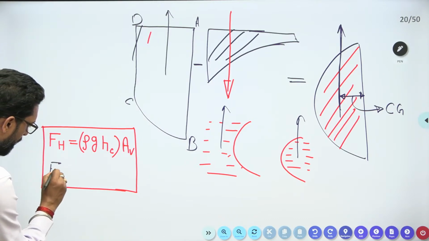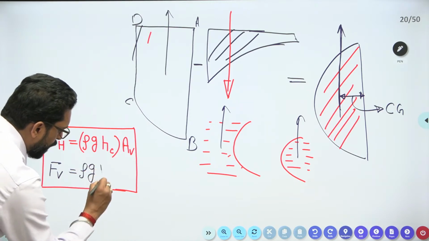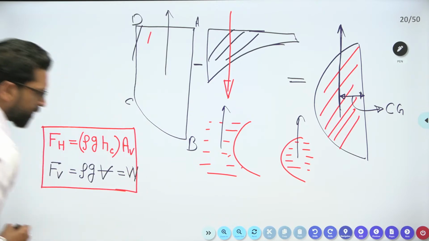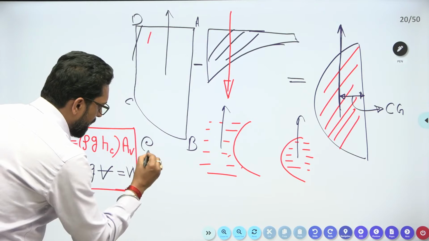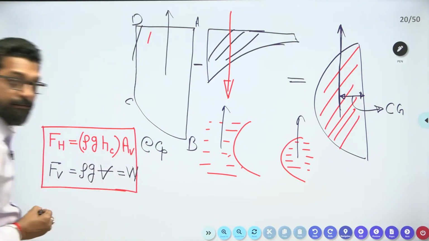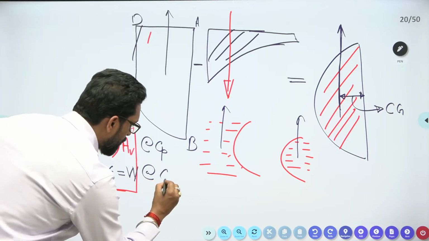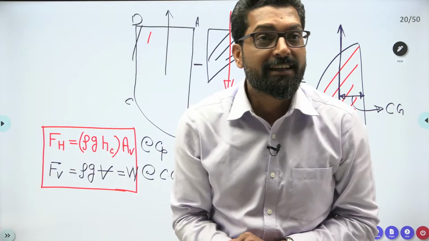FV is rho g into volume displaced, that means weight. The horizontal force acts at the center of pressure, and the vertical force acts at the CG of the fluid contained inside the curve.